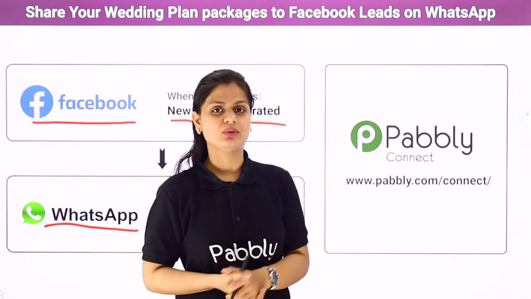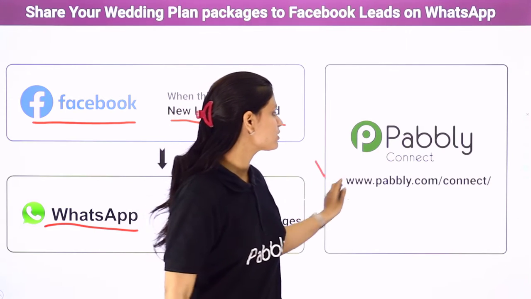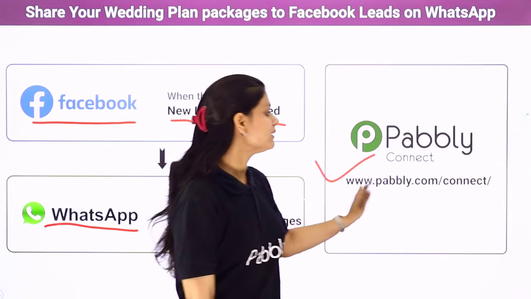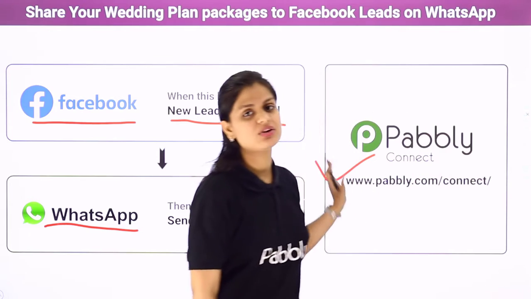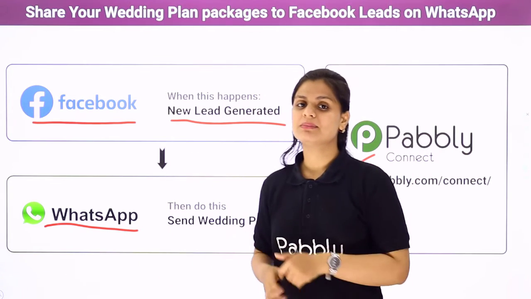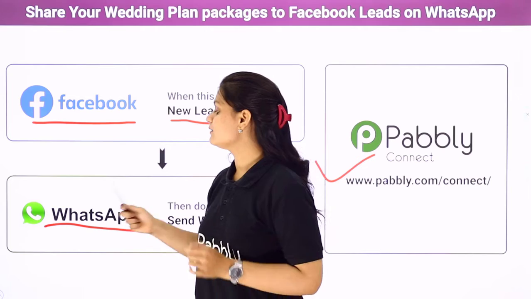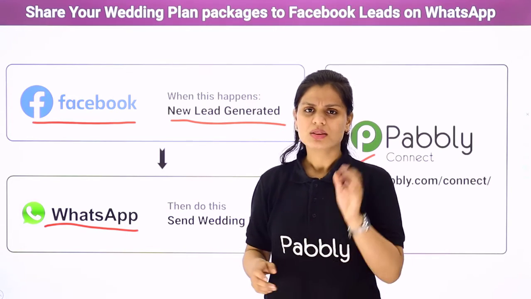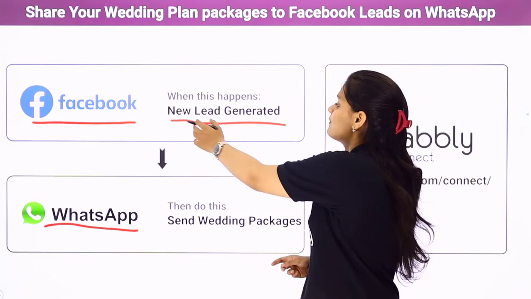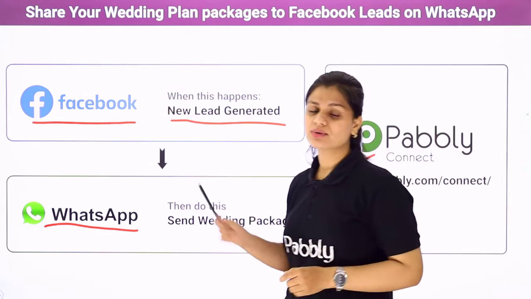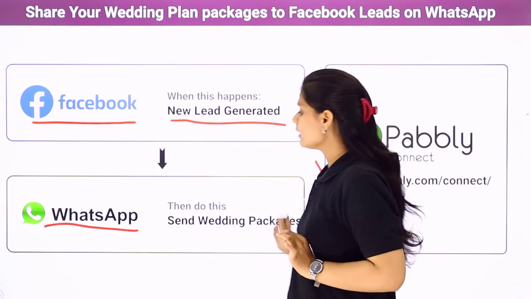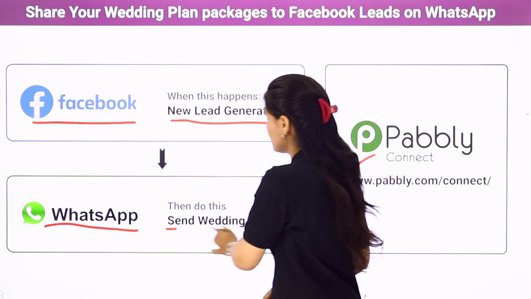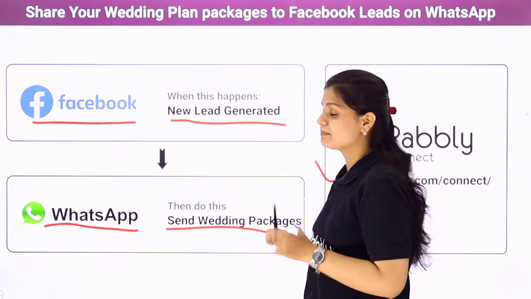How? Let me tell you that in this video we are going to use Pabbly Connect. Basically, Pabbly Connect is an automation and integration software. With the help of Pabbly Connect, we are going to build a data flow between Facebook and WhatsApp. So what will happen is, every time a new lead is generated through the Facebook lead ad form, the message will be sent automatically onto WhatsApp along with the wedding packages.